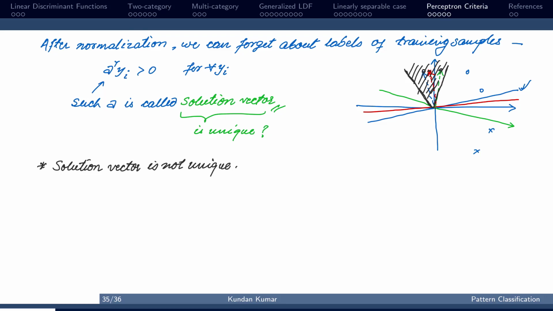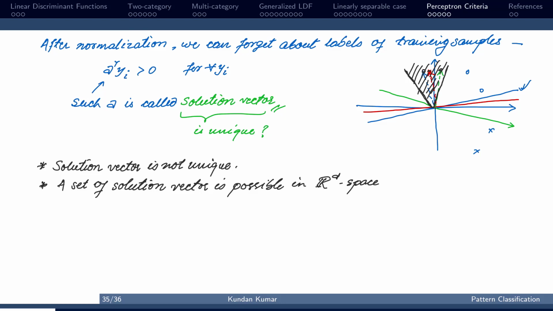So we can say that a set of solution vectors is possible in the d-dimensional feature space, and this space is called the solution region. Okay, the region where our solution vector lies.